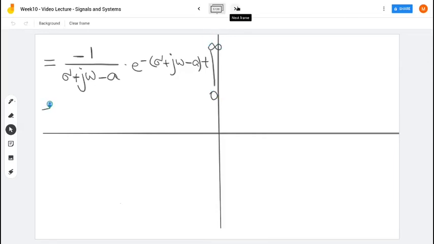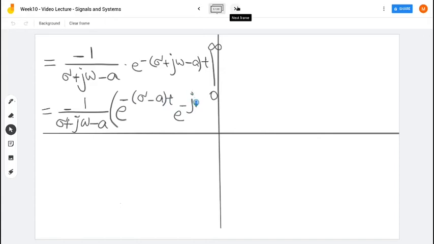So this will be minus 1 over (sigma plus j omega minus a) times e to the minus (sigma minus a)t times e to the minus j omega t, and again from 0 up to infinity.